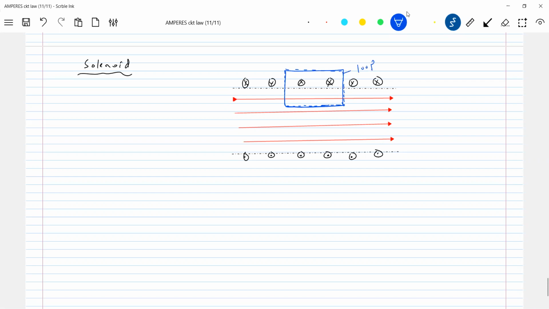What is the magnetic field outside the solenoid? I say 0. Is it really 0? So you go back to the solenoid.